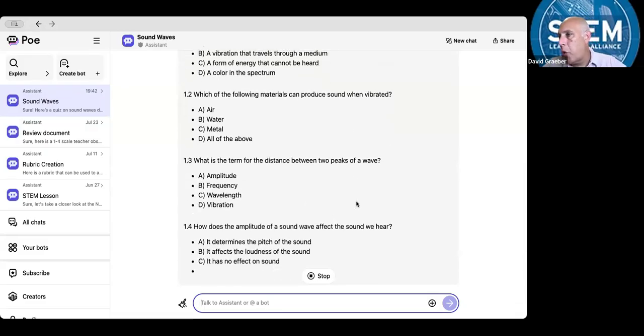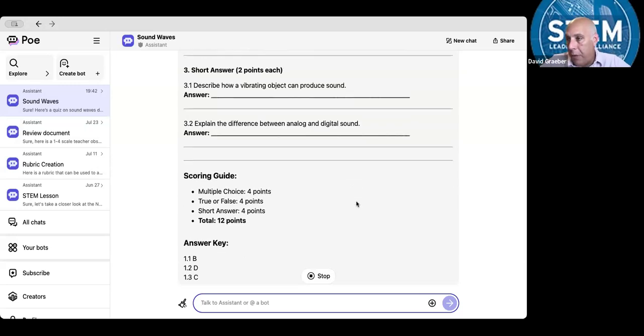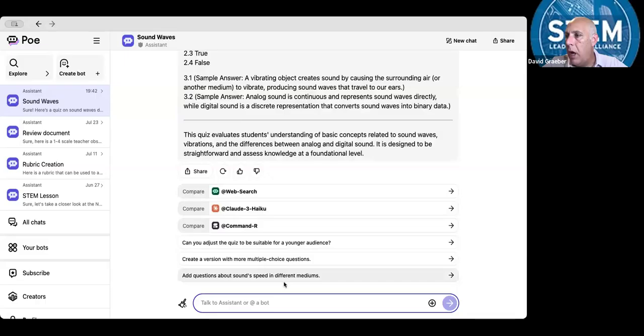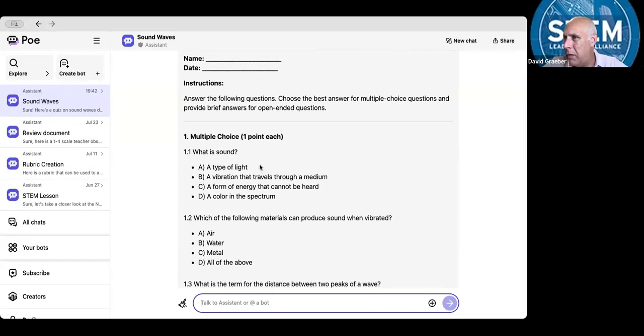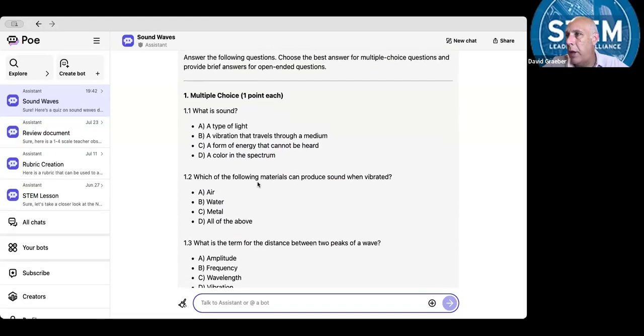I would take this, put it in a Word document, print it out, et cetera. That's really basic, right? That's level one. That's like 1 week into the unit, I need that quick worksheet to find out. Right, so you can use it to create anything you want, right?